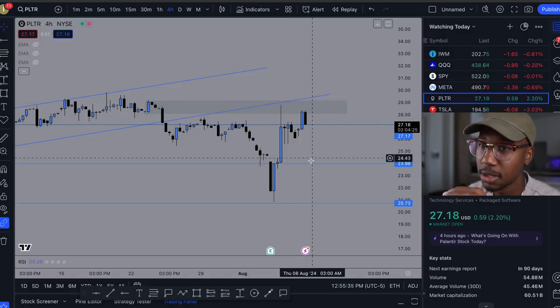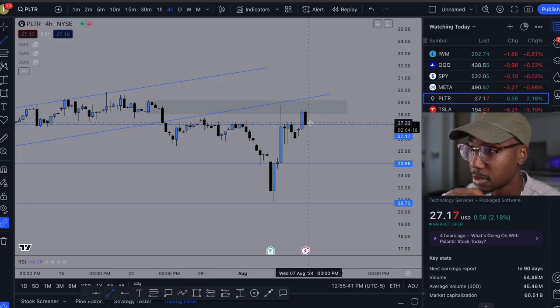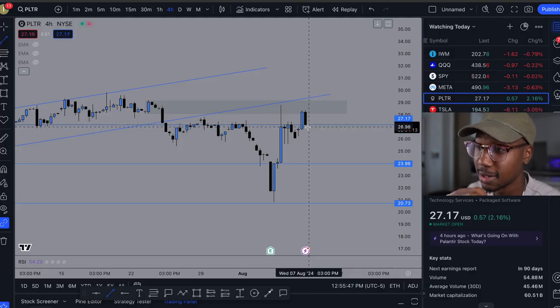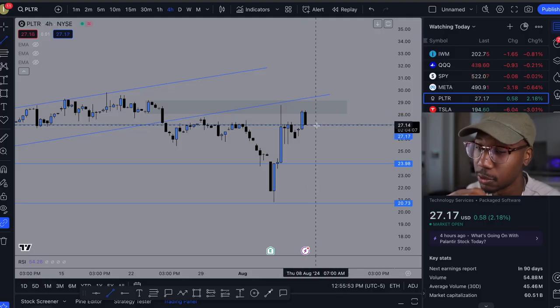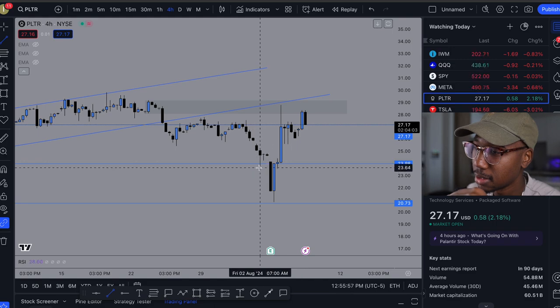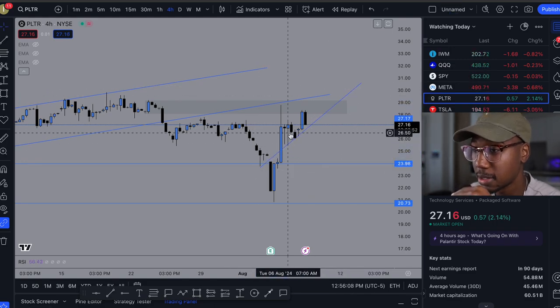Looking at a lower time frame, you can see right here we came back up to supply, sold off. Next thing we'll want to do is see how it responds to this area of support, this little support level. And then you can see a little trend line right here as well. So we'll see how that plays out, see how it holds up support.